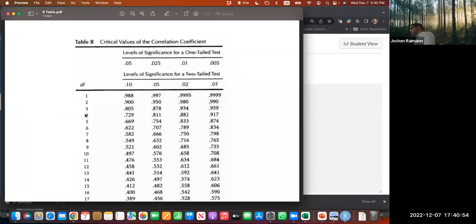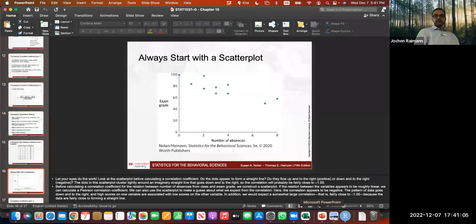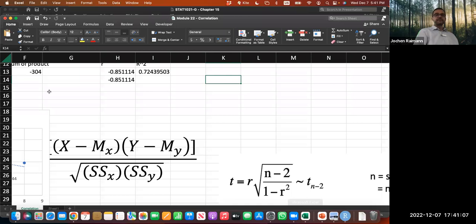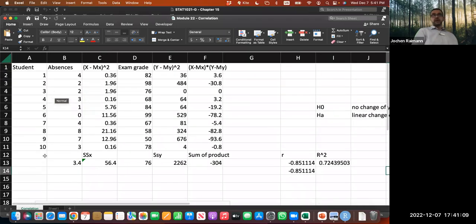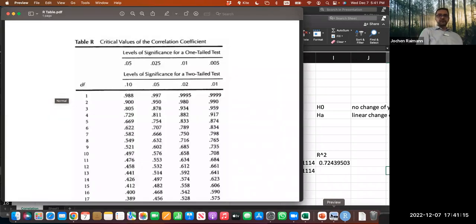The degrees of freedom are calculated by the sample size, which is the number of entries, which for our exam and absence example was 10 students, minus 2 for each variable that you're testing in the correlation. You have 1 entry each. So 10 minus 2 is 8.